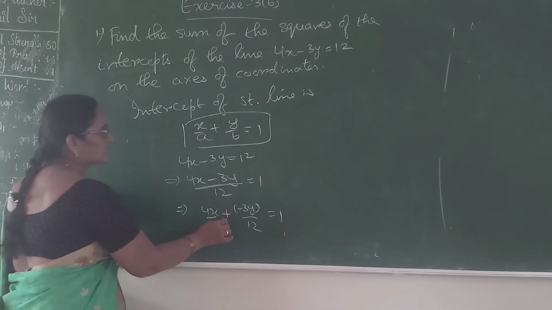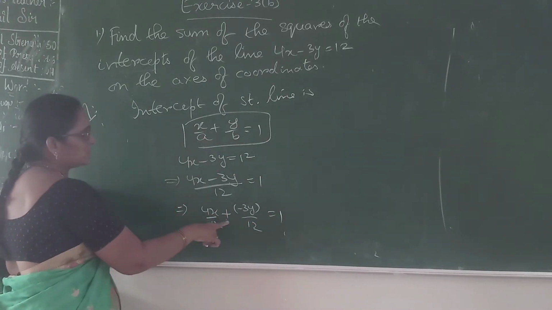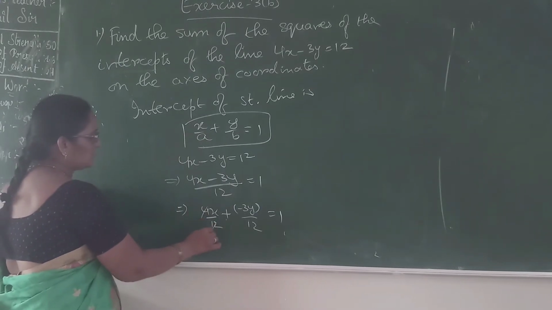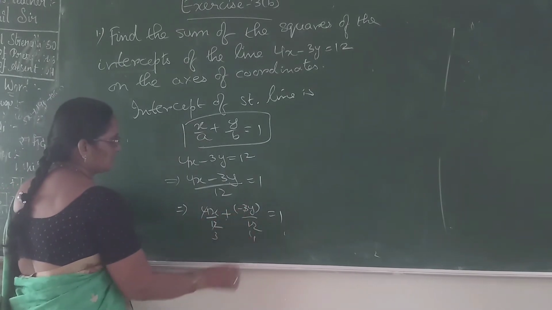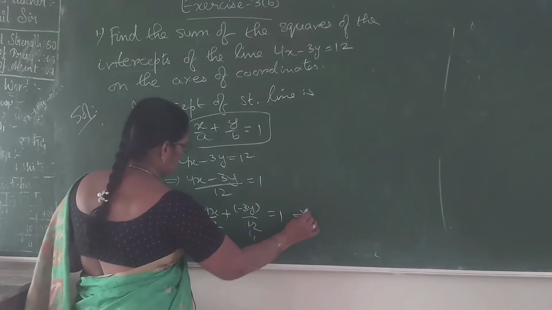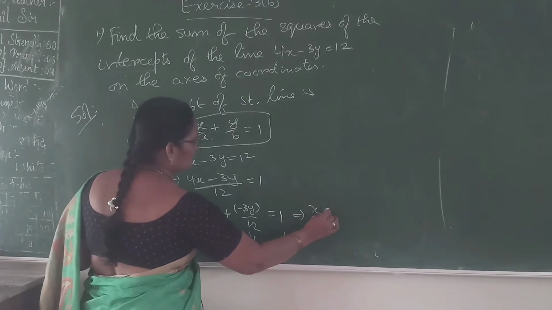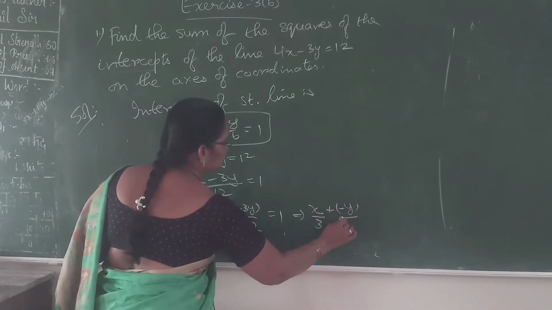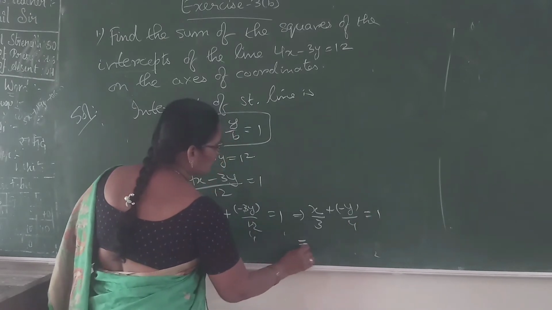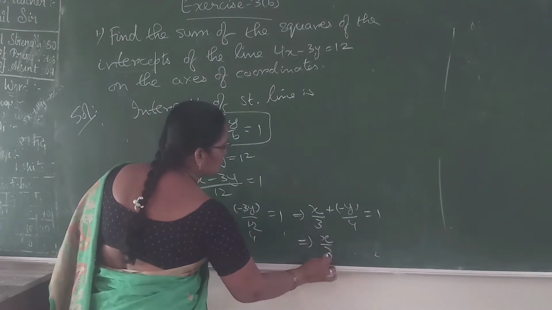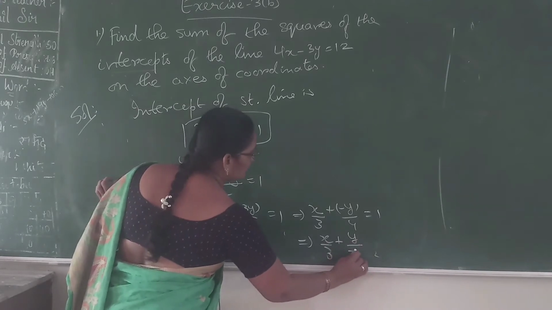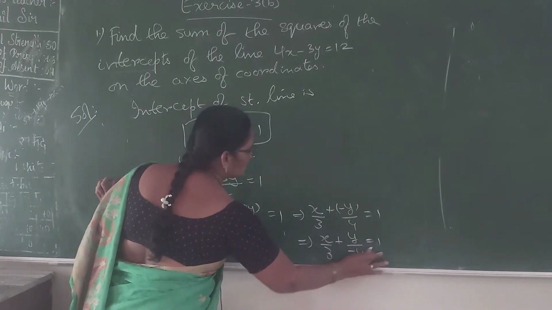Why we are bringing plus here? Because here plus is there, that is why we have to write in this way. 4, 3, 3, 4. So what we are getting here? x by 3 plus minus y by 4 equal to 1, which can be written as x by 3 plus y by minus 4 equal to 1.